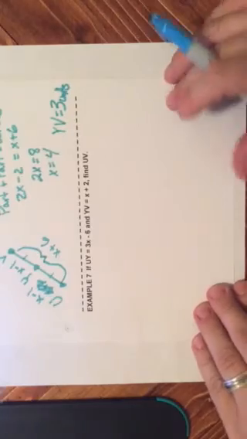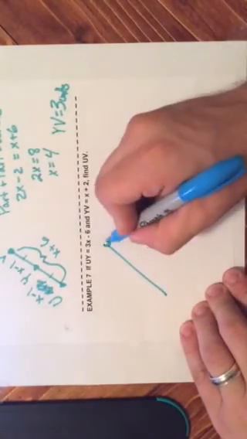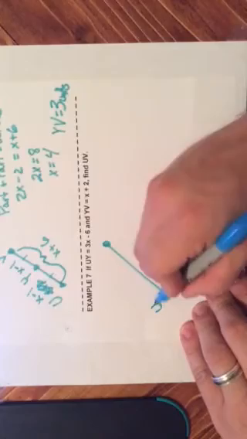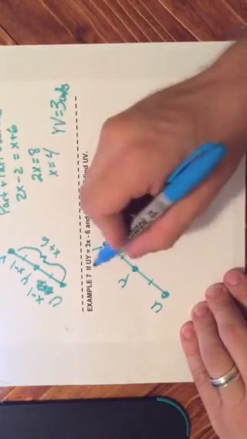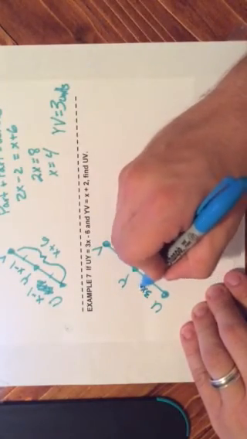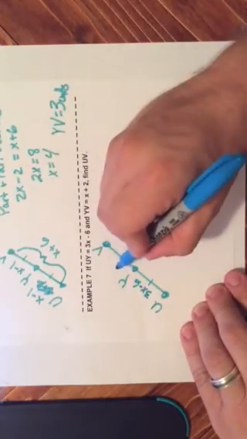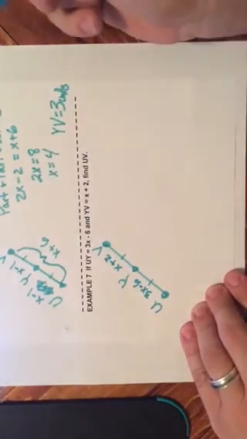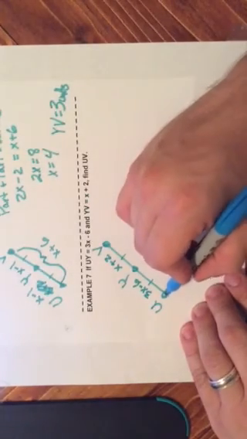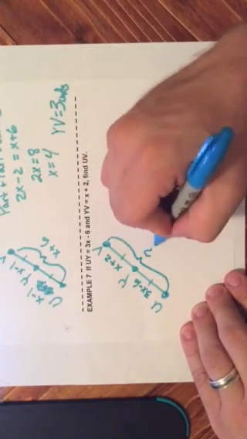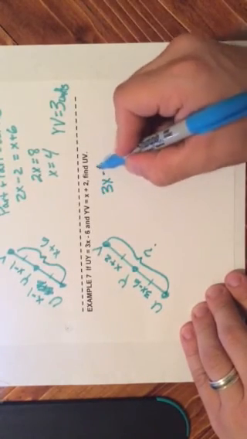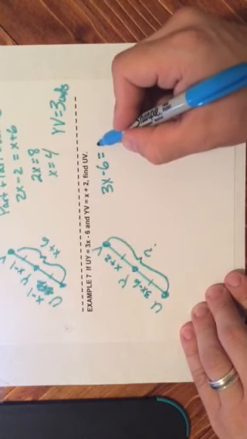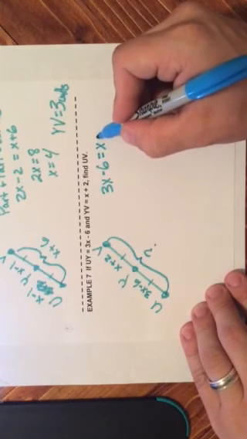So looking at number 7. Still got uv with y in the middle. Still know that it's a bisector. They tell me that uy is 3x minus 6, and they tell me that yv is x plus 2. And they ask me to find uv. Well, the first step is to find x. Well, we know that these two pieces are congruent, which means that the distances are also equal to each other.